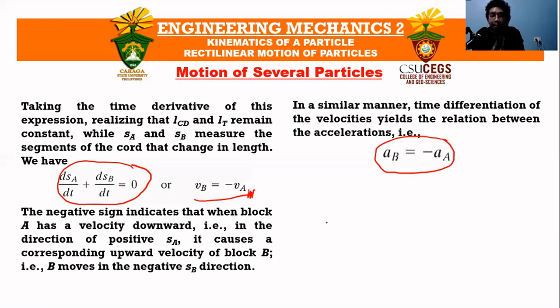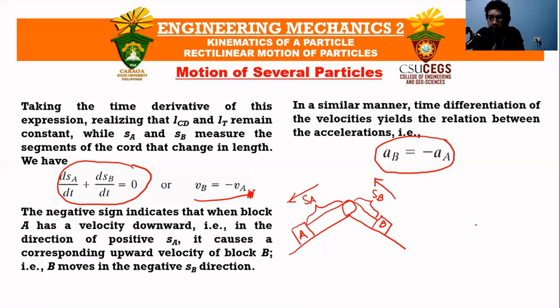So why do we consider the position of block A and block B? If we redraw the two blocks, this is block A, block B, and take note, this is SA and SB. If block A is moving downward, therefore block B is going upward.